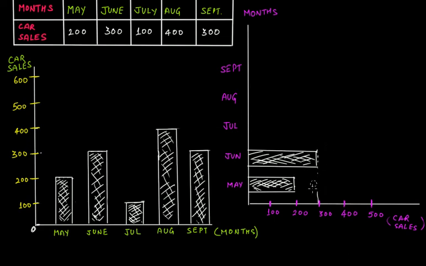Okay. Then for the month of July, it's 100. If you are using a scale, you can draw it very properly. I'm just using my rough hand to show you this data.